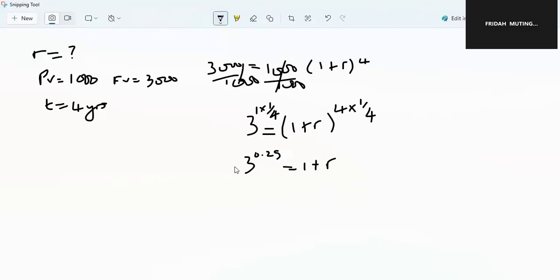1.316. Okay. So meaning our R is that 1.6.